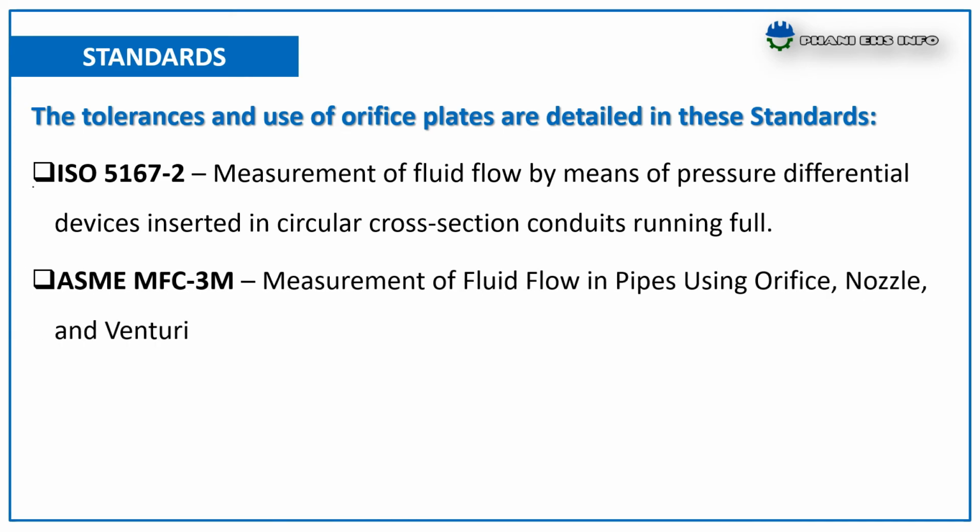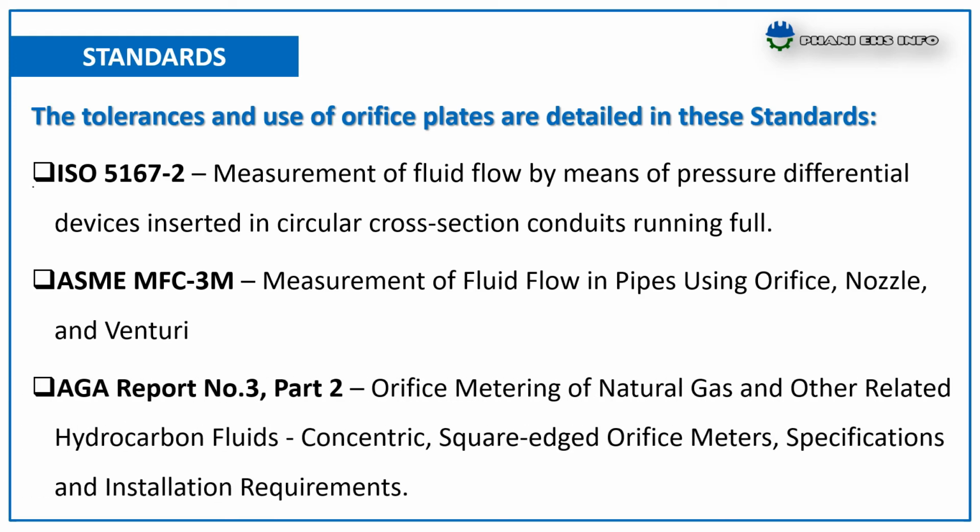ASME MFC-3M, measurement of fluid flow in pipes using orifice, nozzle and venturis. And AGA report number 3 part 2, orifice metering of natural gas and other related hydrocarbon fluids, concentric square edge orifice meters, specification and installation requirements.